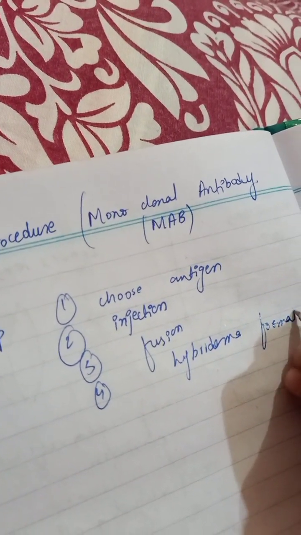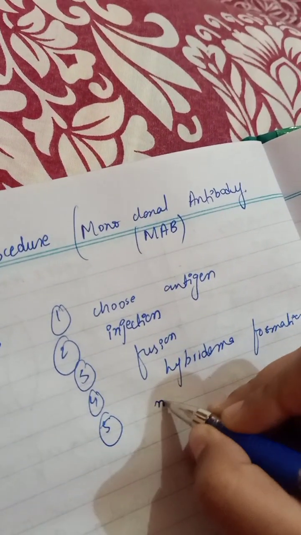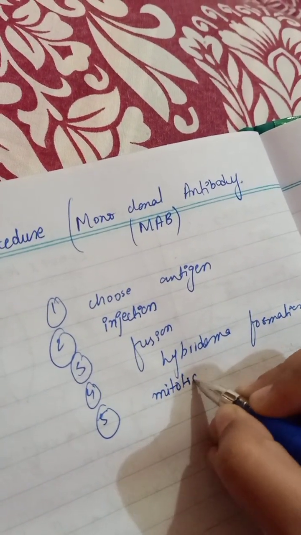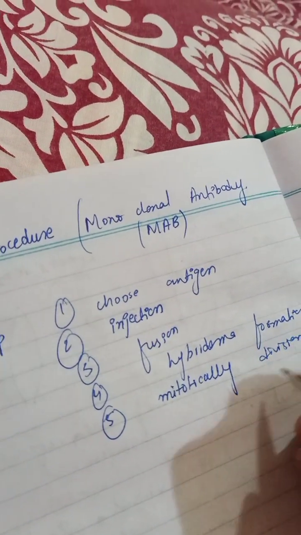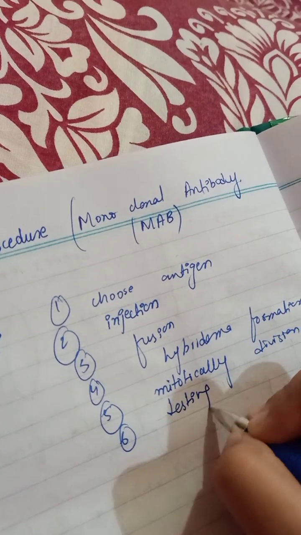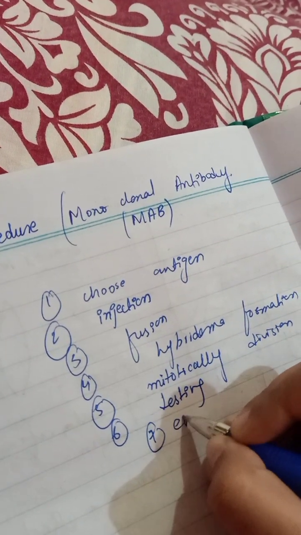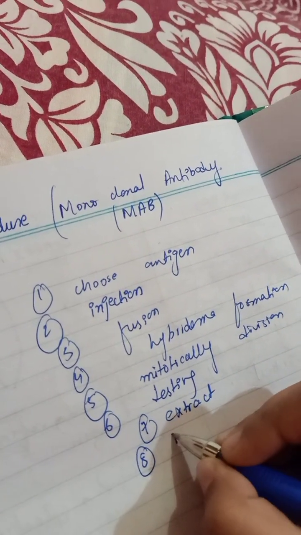We are going to discuss all the steps one by one. Fifth is mitotic division, and sixth is the testing or detection or culture. Seventh is to extract and to insert it, to utilize it in the body.